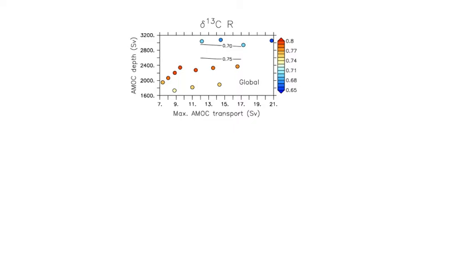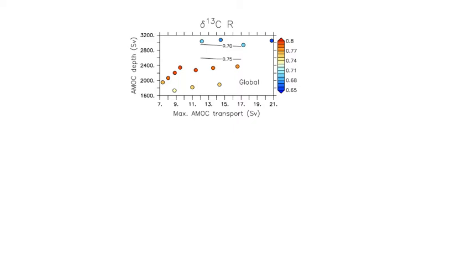What is shown here in these different colored dots is the correlation coefficient of these model simulations with the C13 data, with the sediment data. Correlation coefficients in this case range from about 0.65 to 0.8. These larger numbers, indicated in the darker orange colors, indicate a better fit, whereas the bluish colors indicate a worse fit.